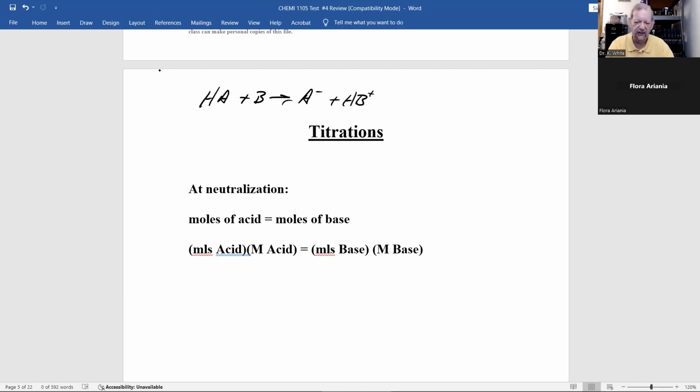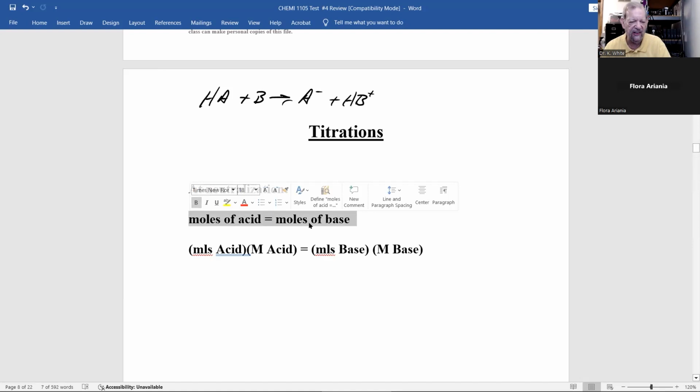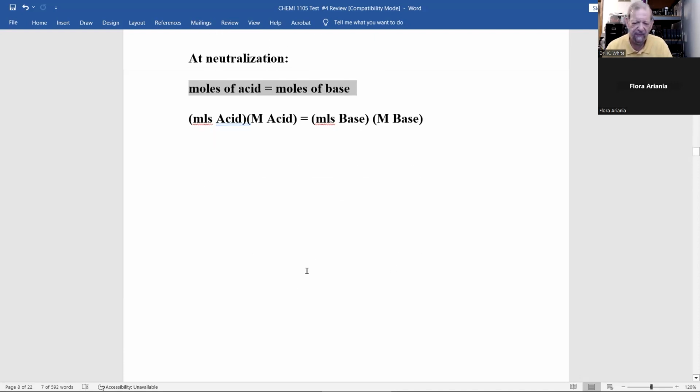Now, you should know when you add a mixture of a known acid and a certain amount with a known base at neutralization, when you're at pH 7, moles of acid equals moles of base. Now, I simplified the math to give you this equation: milliliters of acid times molarity of acid equals milliliters of base times molarity of base.